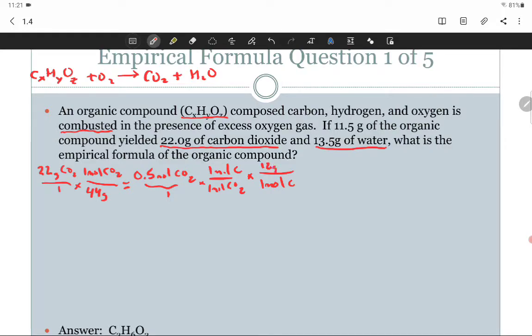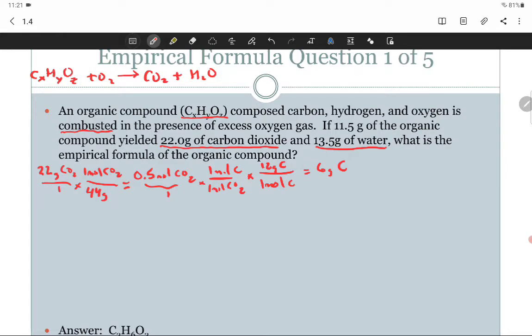So there's about 12 grams of carbon in a mole of carbon. So a half times 1 divided by 1 times 12 is 6 grams of carbon. By the way, this answer I think actually has a misprint in it. We'll find that out in a few minutes.